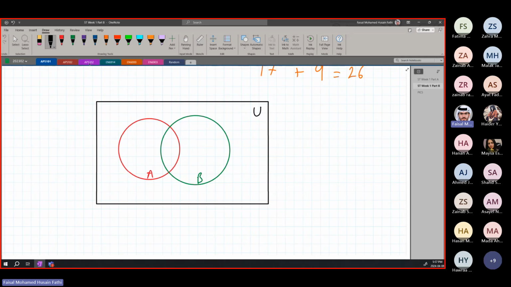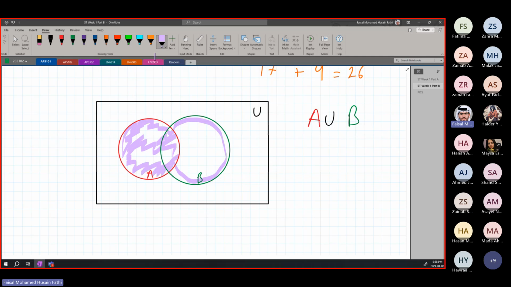A union B would be A and B if they have a union in between. The union part is going to be all of this, the entire set itself, the whole shaded area here.